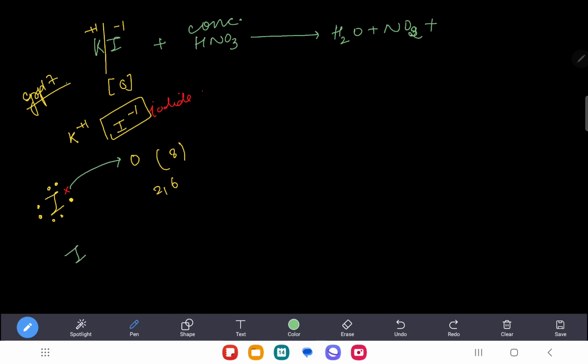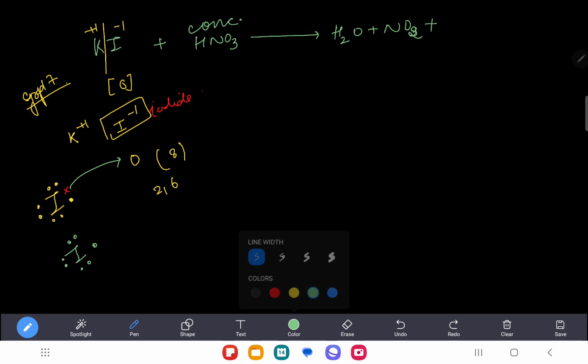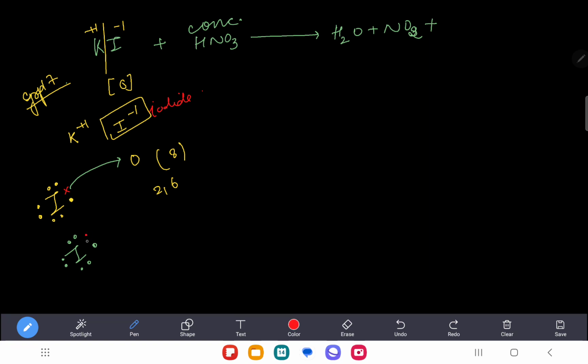So two I negatives, 1, 2, 3, 4, 5, 6, 7, and that one extra electron that we have right here, this extra electron will also be given to oxygen. So O shall gain 2 electrons, so O shall become O minus 2, and both the I's shall become neutral. 1, 2, 3, 4, 5, 6, 7. And another I shall also become neutral.